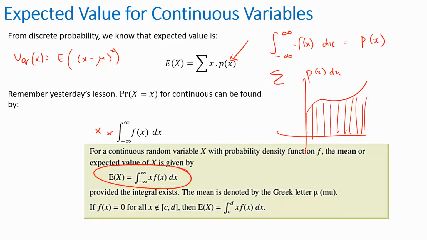So instead of x times probability, you have bracket x minus mu squared times function of x. And suddenly, you've got your formula for variance. It's the same thing. See what I mean?